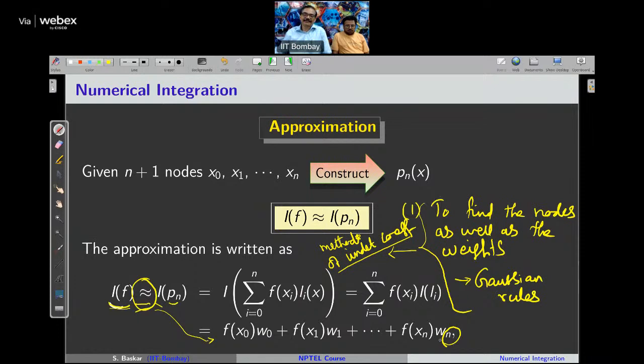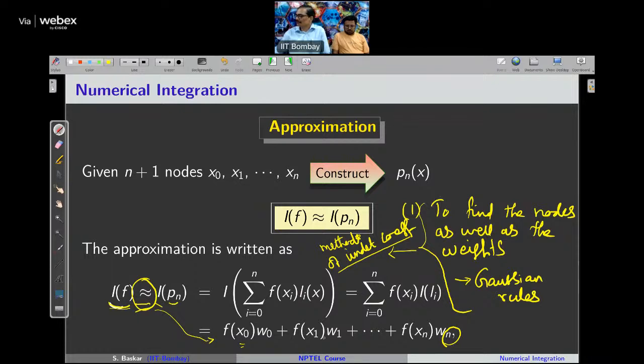You apply this condition on the monomial basis of the space of all polynomials of degree less than or equal to n. You have n plus 1 unknown weights and n plus 1 equations. In that way, you can generate a quadrature formula, like the trapezoidal rule, rectangle rule or Simpson's rule, once you fix the nodes and only try to get the weights.